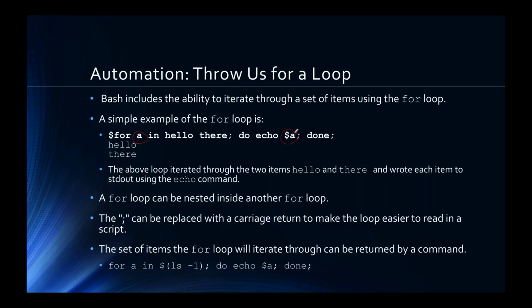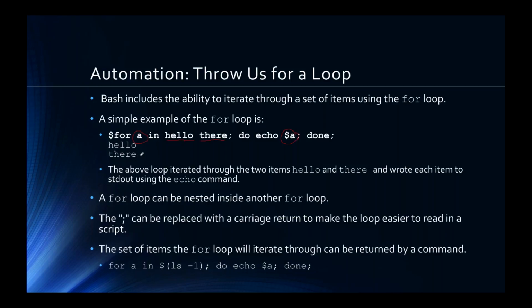So what's going to happen is this for loop is going to iterate through each of these items that are available, and then echo the results of that. And so hello will be iterated first. It'll get dropped into the variable A, and then it'll echo hello. And then it'll go through and find there, drop that into the variable A, and then echo there. And you can see the results here.